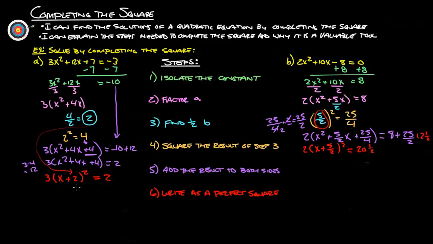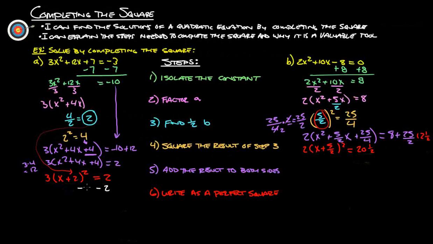Okay, one last quick thing to point out is that back when we wrote these equations as a perfect square, what we can actually do is move the numbers over from the right side, set it equal to 0, and this is going to be in what we call vertex form.